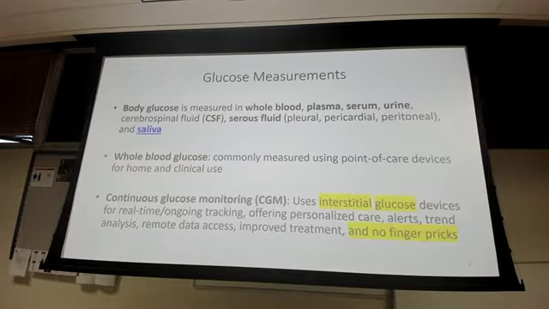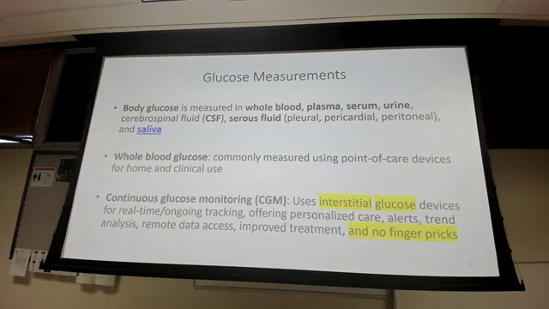Anytime we're thinking glucose, this is an important slide. You have your whole blood glucose, which is usually what you see when you get those finger pricks, for those that have to do diabetic management. That's the point of care that you all can possibly provide at the bedside.